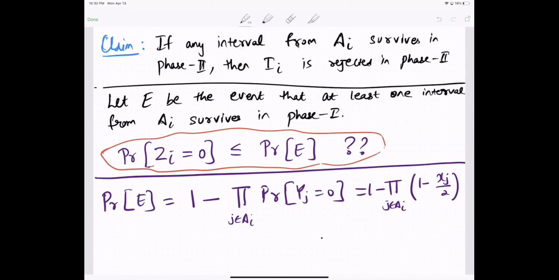All right, so now, claim. We'll prove this claim. Right, so let's see how we do that.